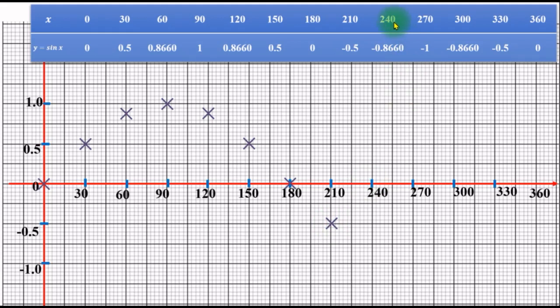Then when x is 240, y is negative 0.87 to 2 decimal places, and this point is here. Fine. When it is 270, y will be minus 1, that's the minimum value. Then when it is 300, minus 0.87 at this particular point here.